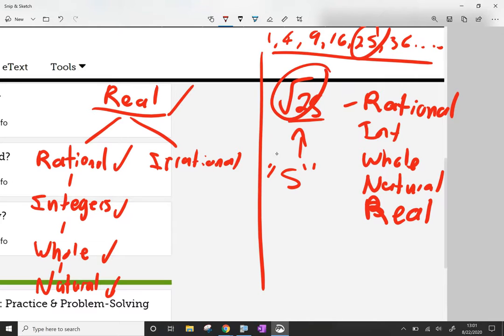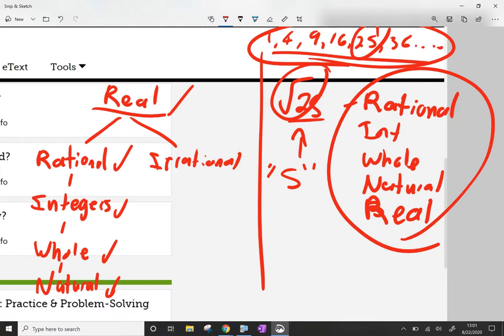When you think square root, your instinct is to think irrational. But if it's any of those exceptions, 1, 4, 9, 16, if it happens to be anything like that, like the 25, then it's actually going to be all the rational and everything from there on out. So the natural, the whole, the integer, all of that stuff.